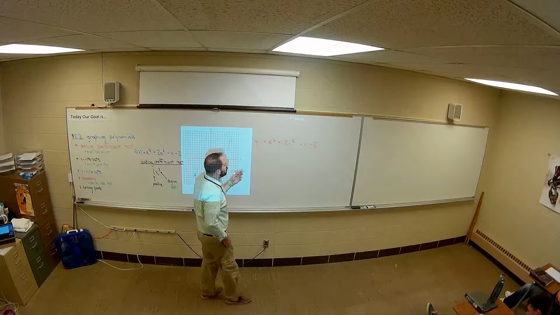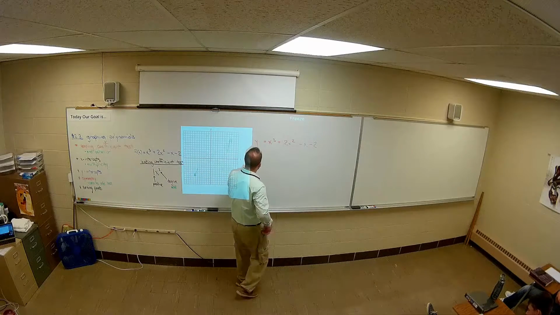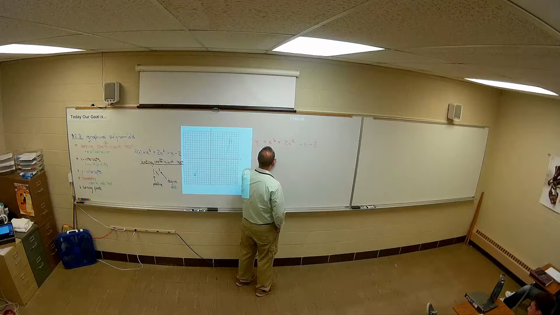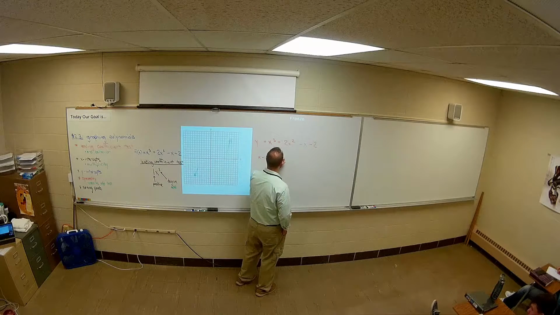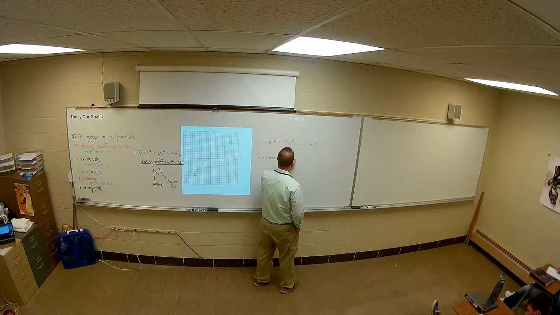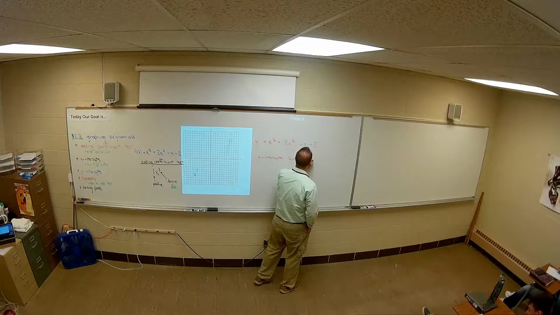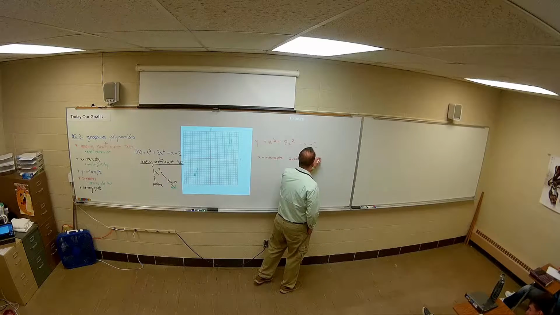So we're going to try the grouping method. But again, the goal here is to find x-intercepts. So the first thing we attempt, if the quadratic equation doesn't work, is we have to factor.